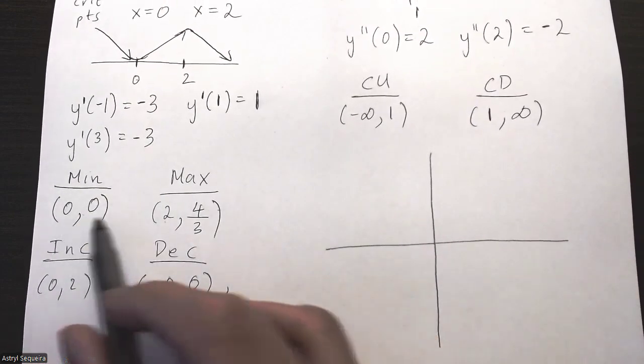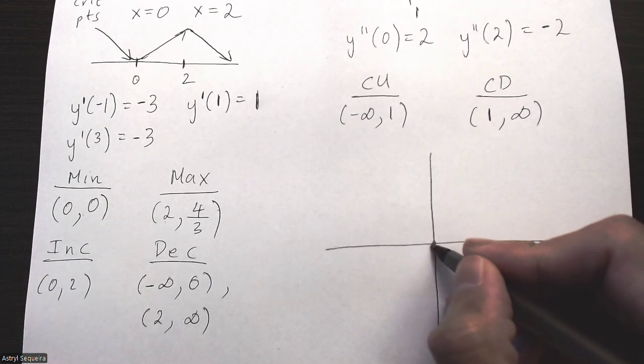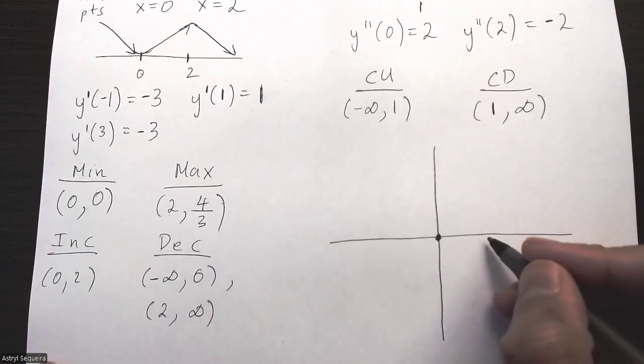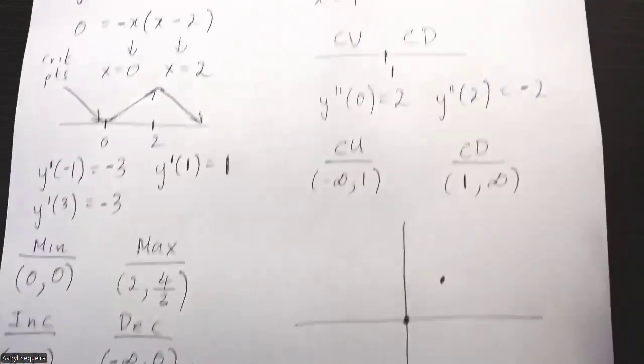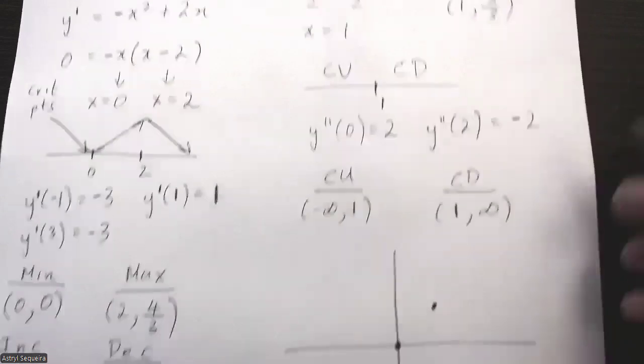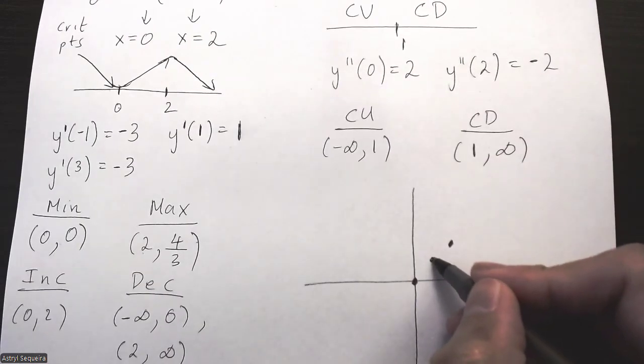First thing I'll start with my min and my max. So I have a min at 0, 0. I have a max at 2 and 4/3. Then I'll put my inflection point next, which is 1 and 2/3.